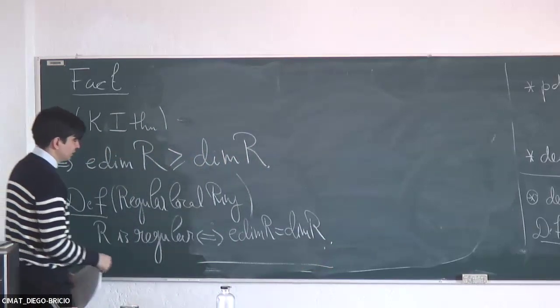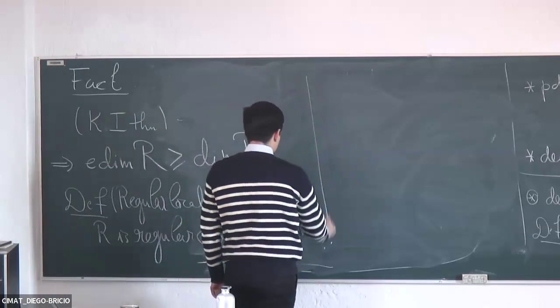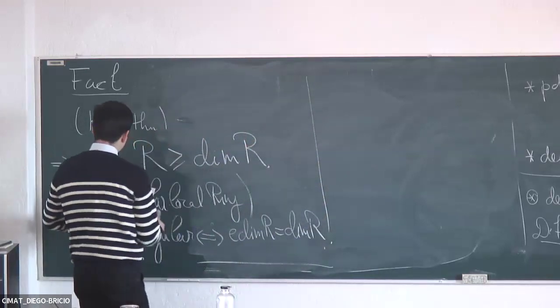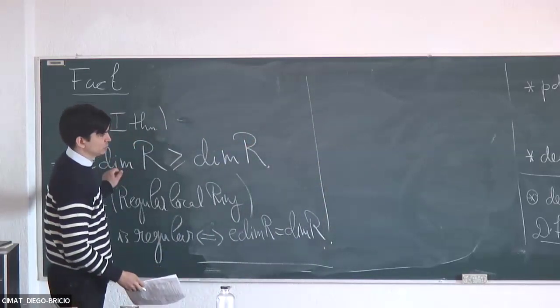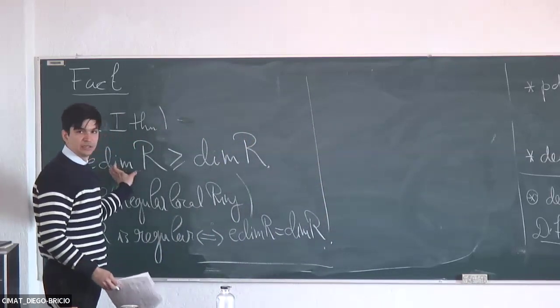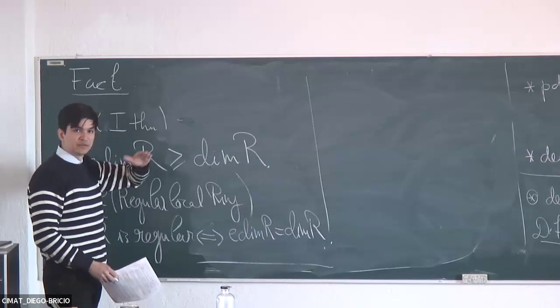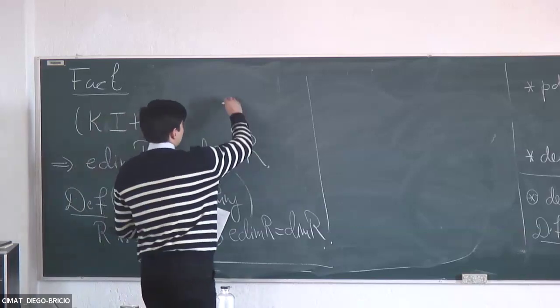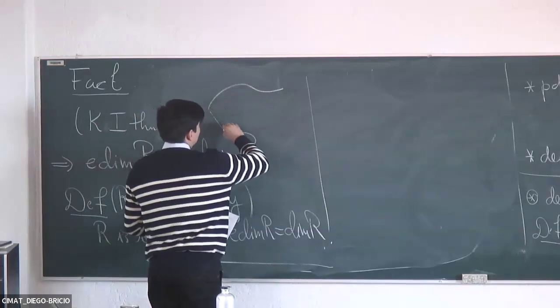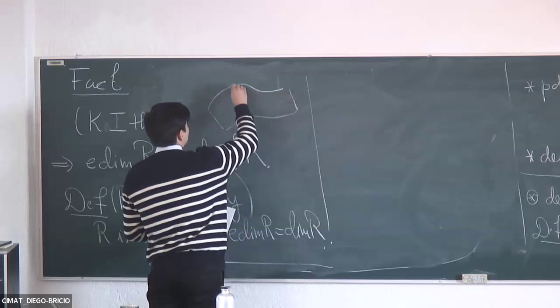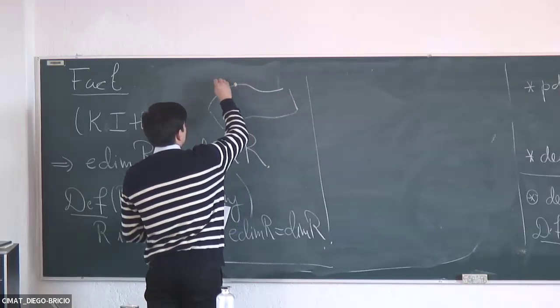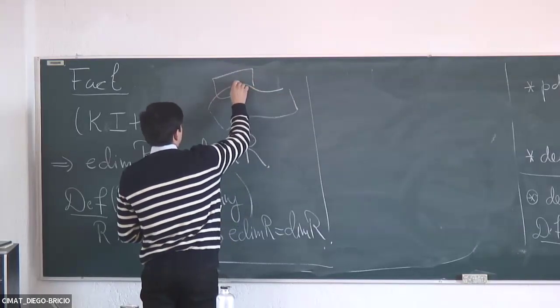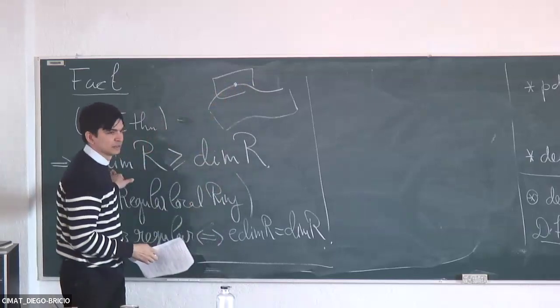And this makes sense actually, because if you know a little bit of algebraic geometry, you will see that this embedded dimension is supposed to represent the dimension of the cotangent space, or equivalently the tangent space at the point. So if you consider R as some affine variety, and you have a point, then the embedded dimension is the dimension of the tangent space.